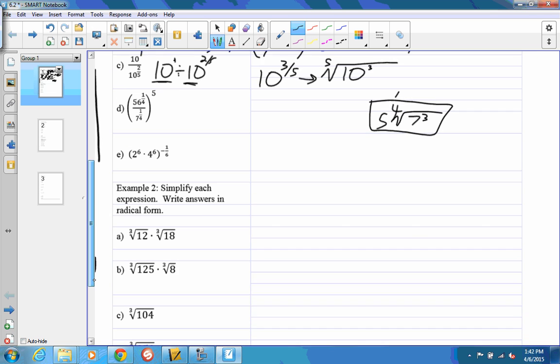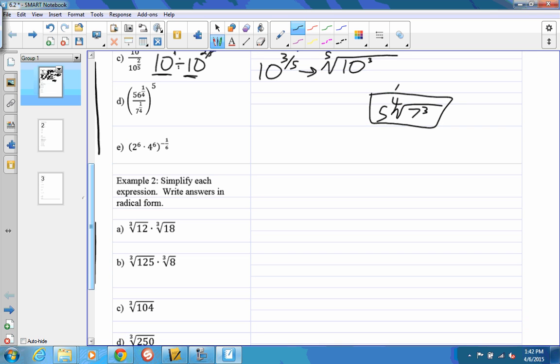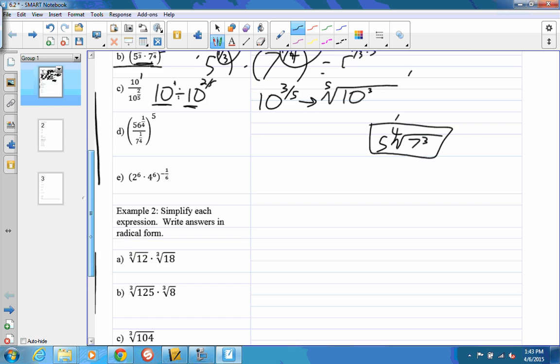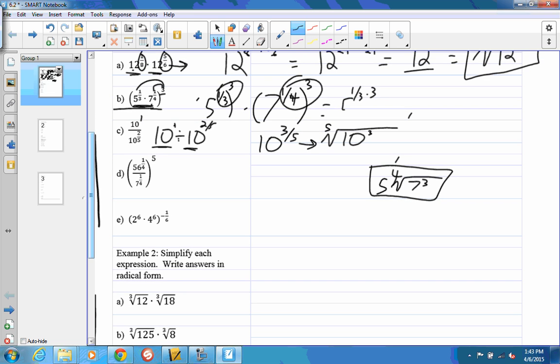Next one's nuts. 56 to the 1/4 divided by 7 to the 1/4, to the 5th. Alright, so do I have the same base? No, I don't. Up here on B, when I didn't have the same base, I went ahead and distributed my operation and then tried to change some things to see if I could simplify.